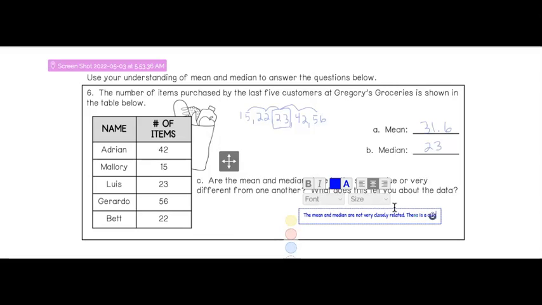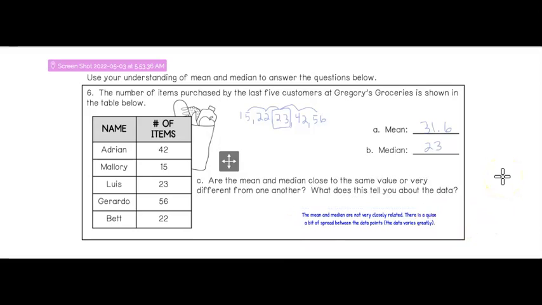There is quite a bit of spread between the data points. So the data varies greatly.